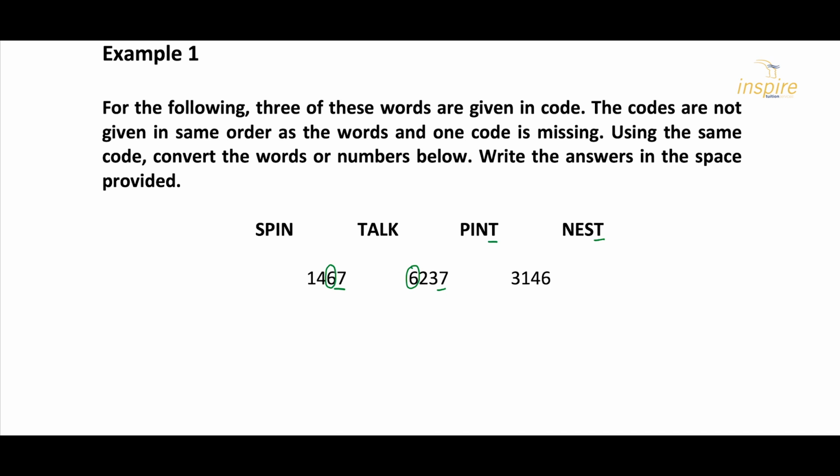The letter is in the 3rd place. What do I mean? If you look carefully at these two, you notice that this N is in 3rd position here and it's in front here. So that tells us that this will be 6, and you want to write it above the word 6237.